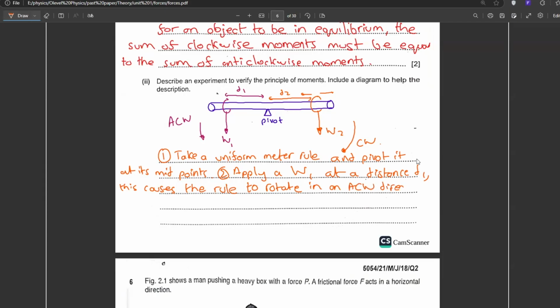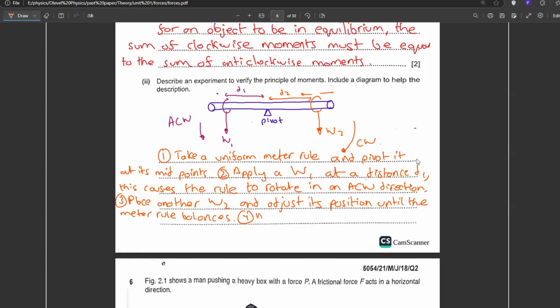Okay. What will be your third step? Place another weight W2 and adjust its position until the meter rule balances. And once the meter rule balances, what will you do?